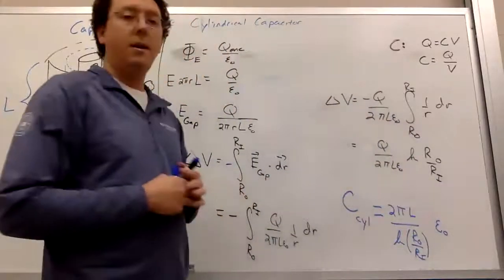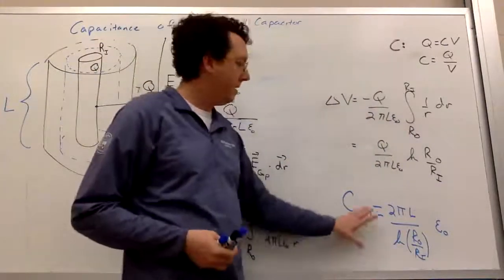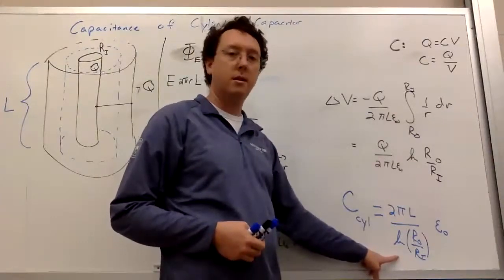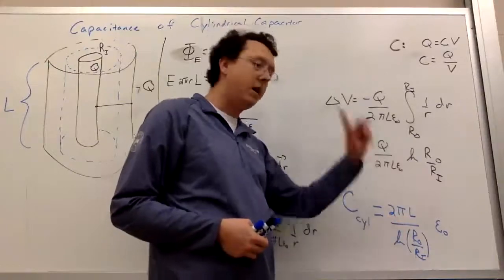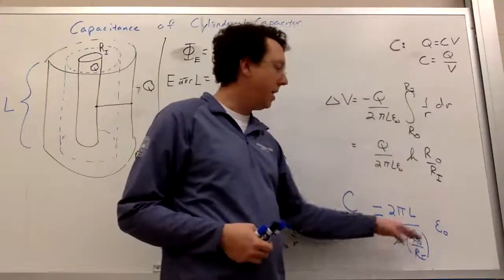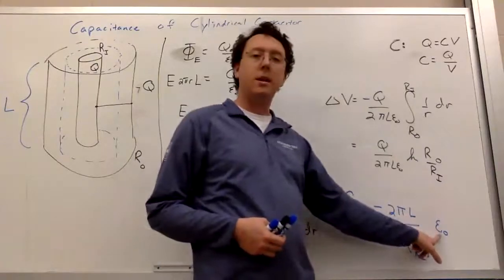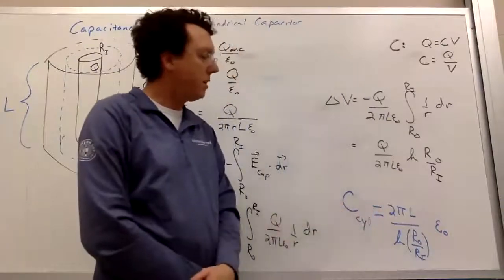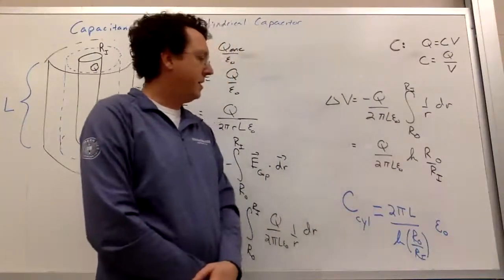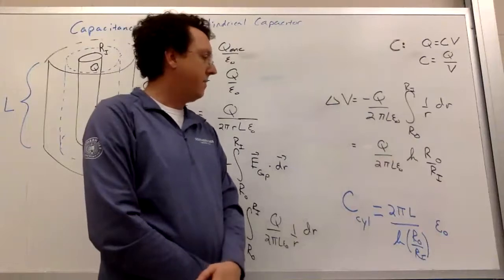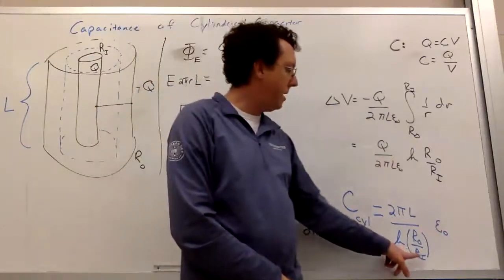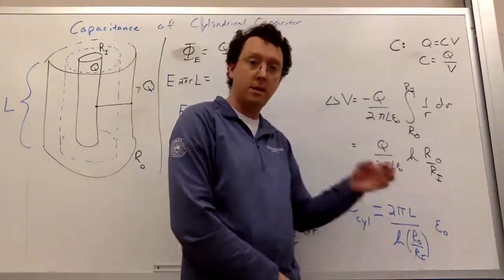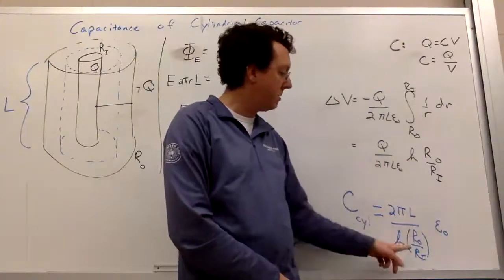Okay, as advertised, again, this prefactor is all geometry. L, 2 pi because it was round, radii. The epsilon naught is there as well. So geometry times epsilon naught. The other thing I wanted to emphasize is that it has a kind of funny thing where if you were to try to make the inner radius go to 0, make it skinny, look what happens.